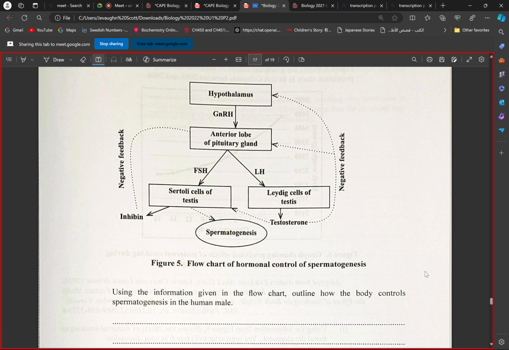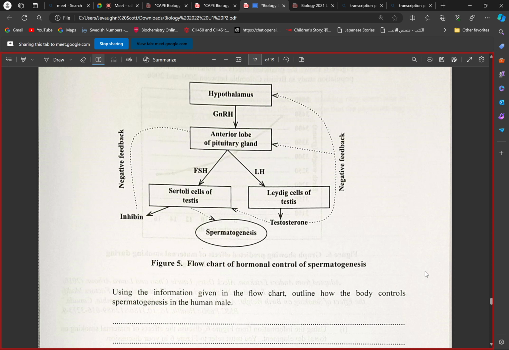So wouldn't the LH also go to the Sertoli cells? Testosterone will go to the Sertoli cells to stimulate spermatogenesis, so it helps stimulate the Sertoli cells. Yes.